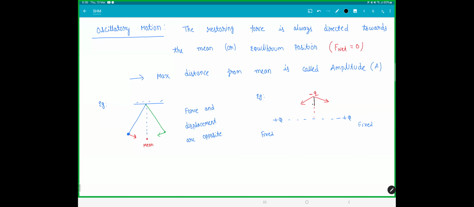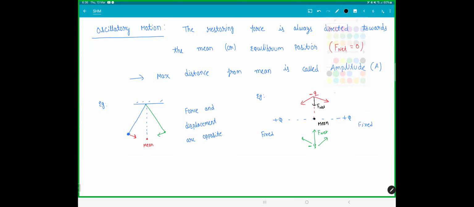We will have the net force towards the center. So here, this is the mean position. When I push the minus Q upward, the force will be downward. If I push the minus Q downward, this will attract, this will attract. The net force will be this way. You getting the catch?